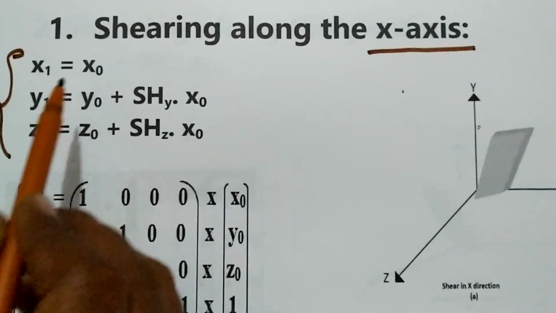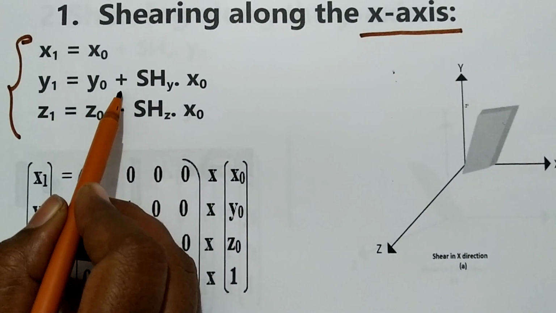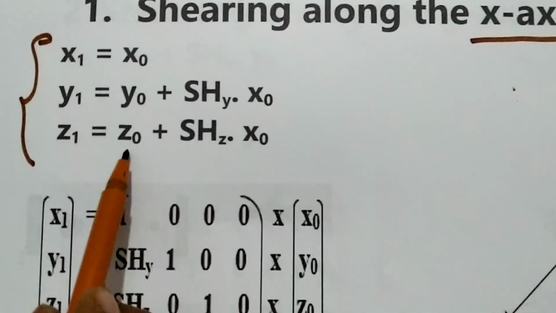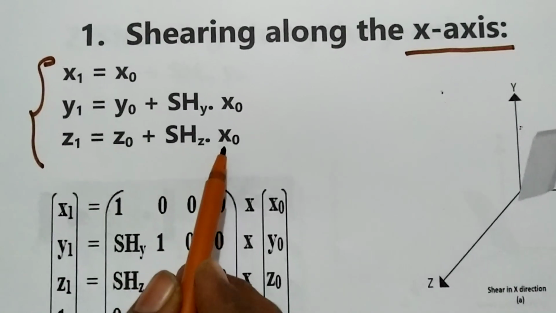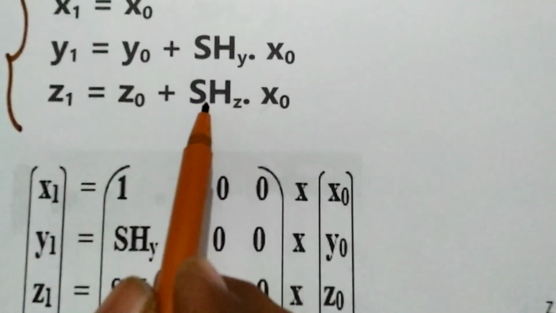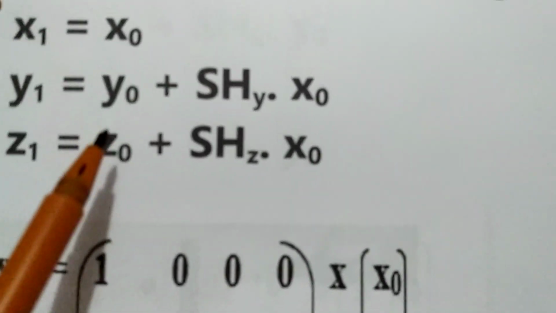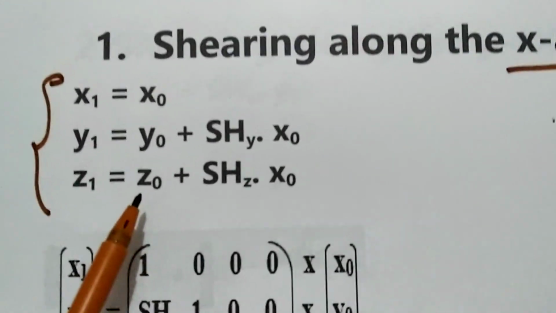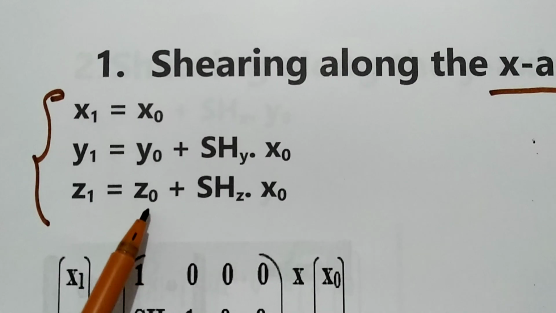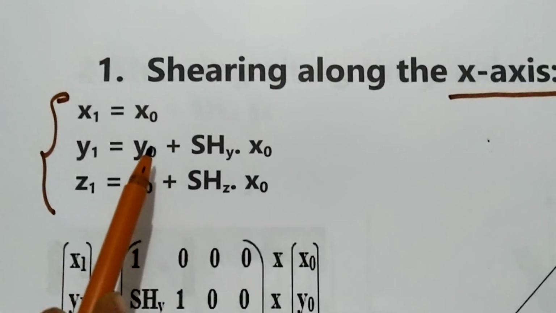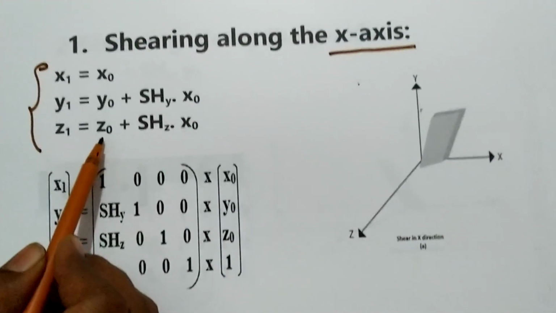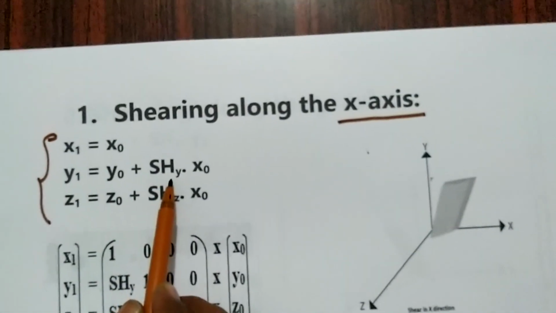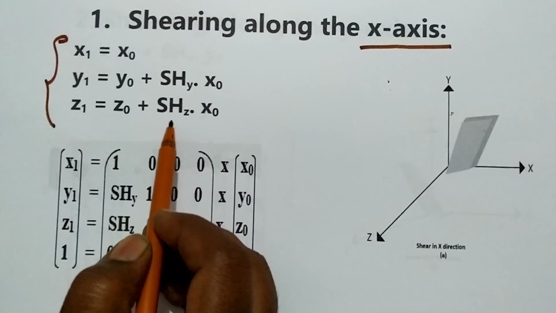x1 is equal to x0, y1 is equal to y0 plus shy into x0, z1 equals z0 plus shz into x0. In this equation, x0, y0 and z0 are the coordinate values of the original object before the shearing technique. These original coordinates are multiplied and added with a shearing parameter, as I told you previously.